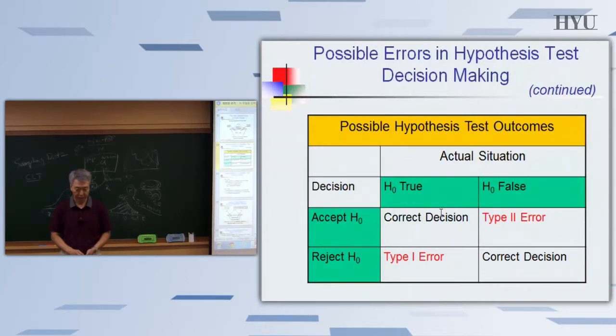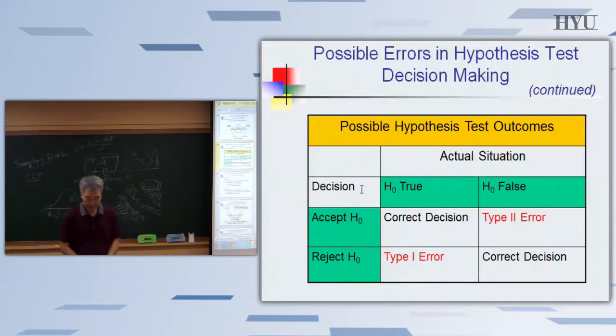The two types of error. Okay. So here, on the columns, we have the actual situation. Either H0, the null hypothesis, could be true or false, right? On the rows, we have our decision: accept the null hypothesis, or reject the null hypothesis.